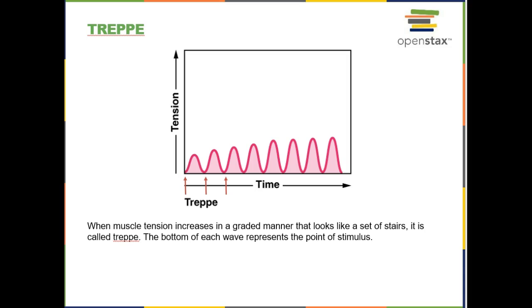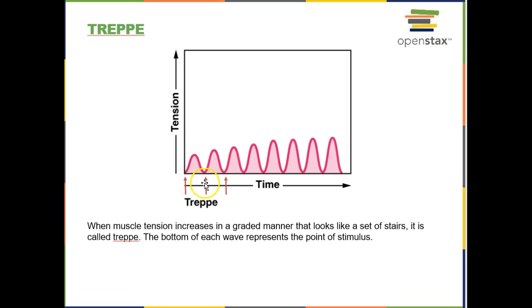So each arrow represents one drop of acetylcholine or one zap of electricity, and you want to envision either the same amount of electricity or the same amount of acetylcholine every time, and you're letting the muscle completely relax every time in between stimuli.